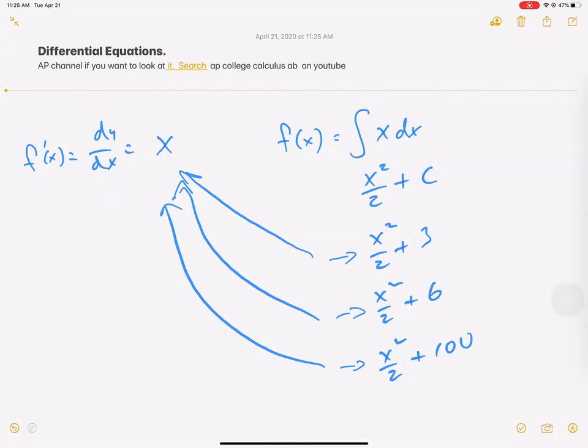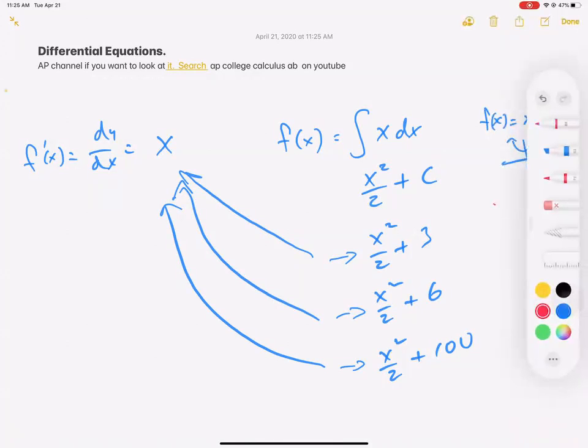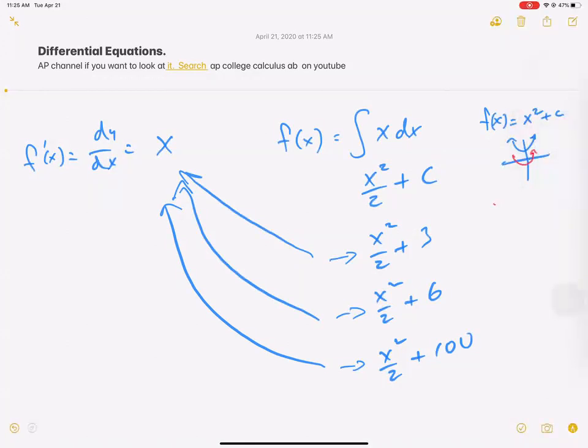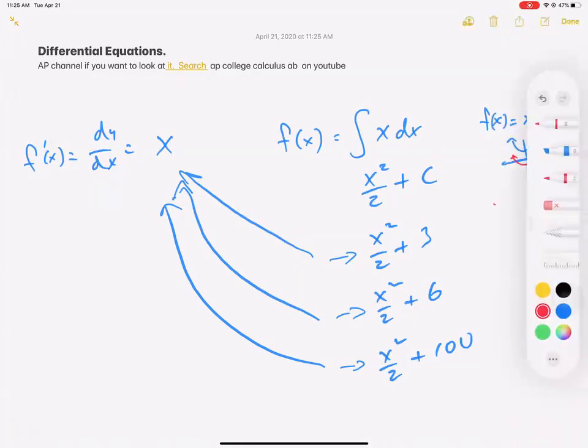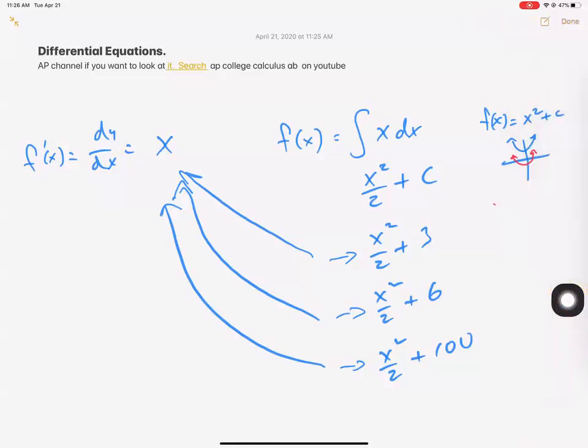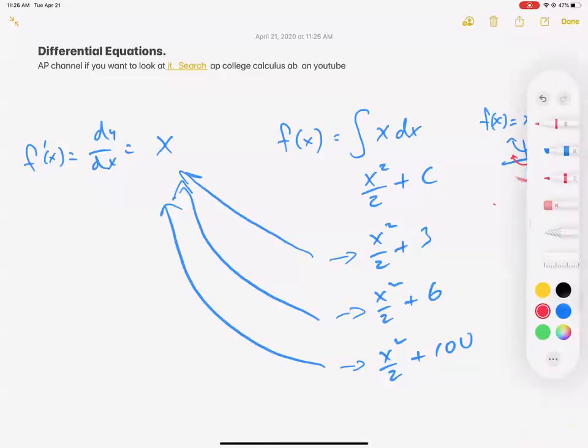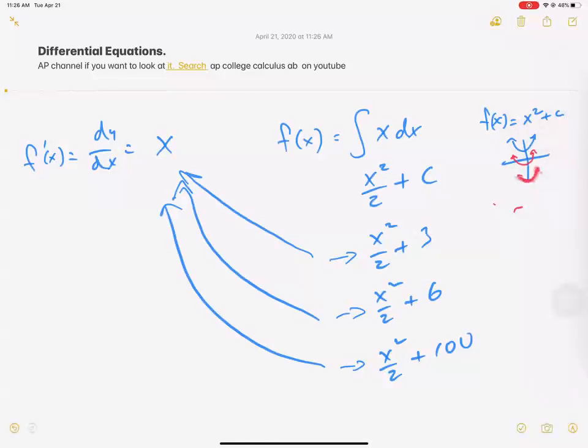And the reason why is because of these equations, if you remember, just looking at a simple idea of parabolas. If I gave you a graph of f of x, let's say x squared plus c, isn't that just a parabola? And depending on the c value, it changes my placement. C could be -1. C could be -3.